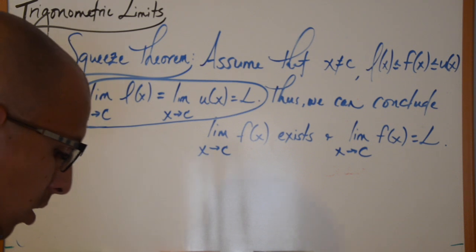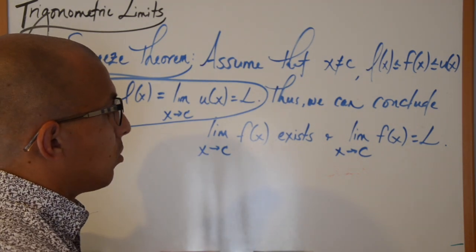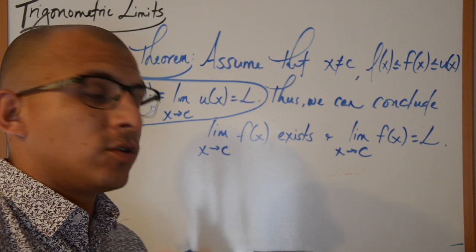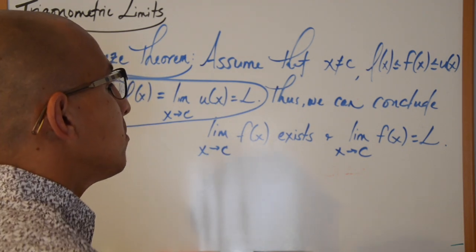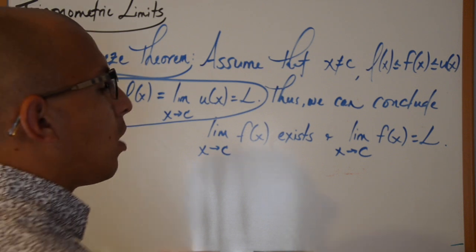Now, as I said before, this is most commonly going to appear when we have trigonometric limits, simply because of their unusual oscillating behavior.